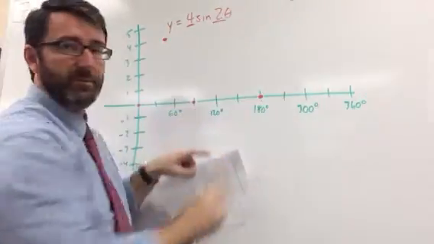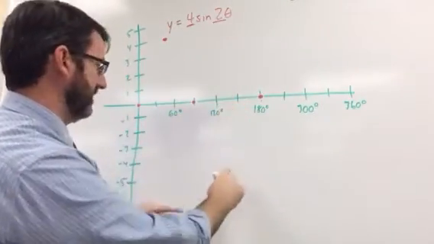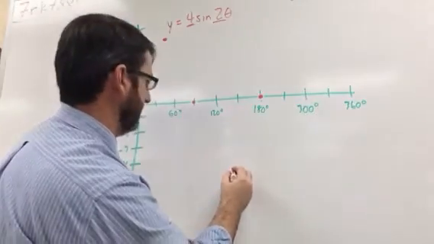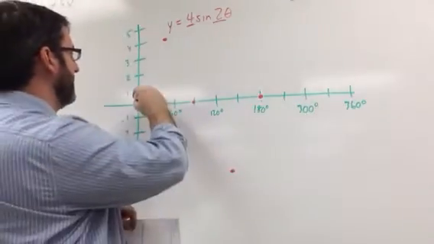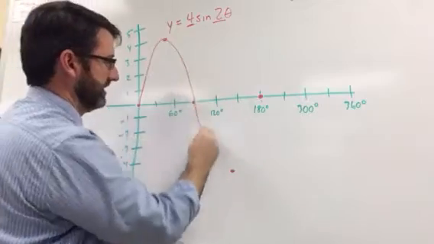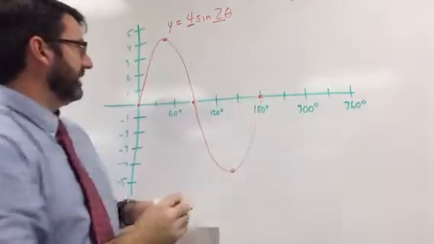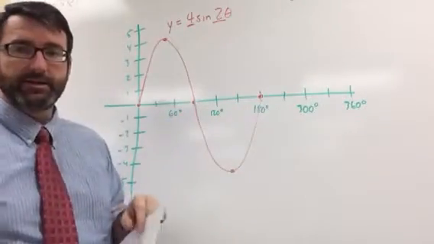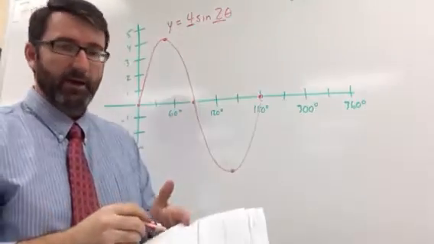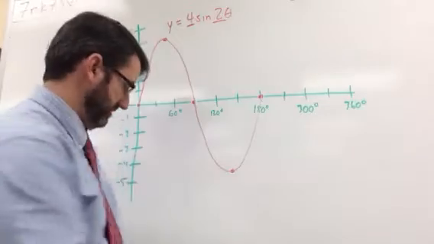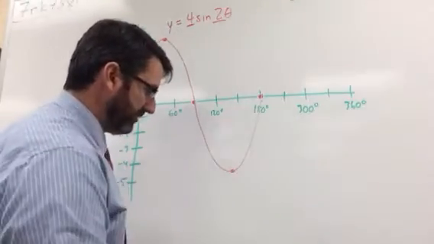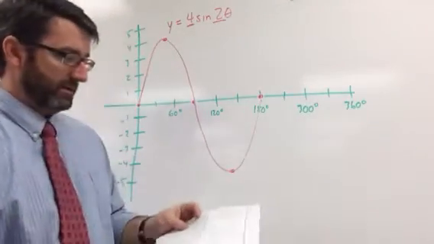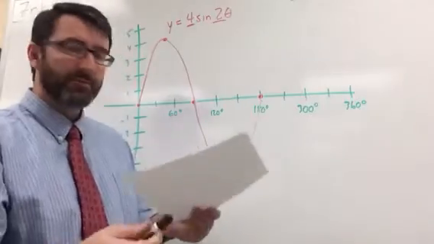And about halfway between these 2 points, we're going to reach our minimum of -4. And so the sine function is going to look like this, with a period of 180 degrees and an amplitude of 4.